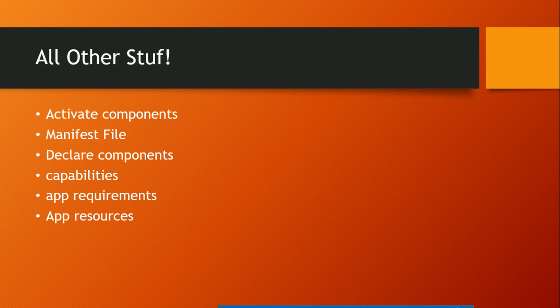So we can activate any other activity. For example, if you are doing a photo editing app and you want to get some pictures in your application from the camera, you have to activate the camera activity first.